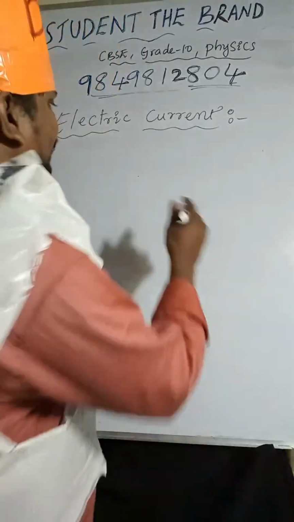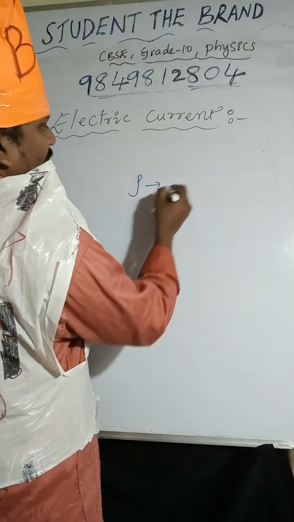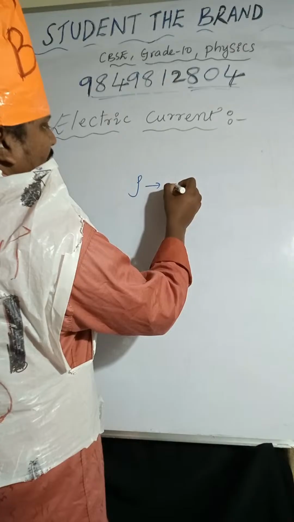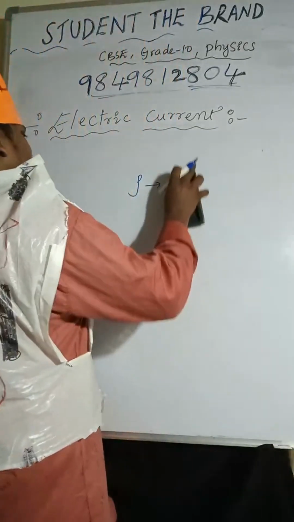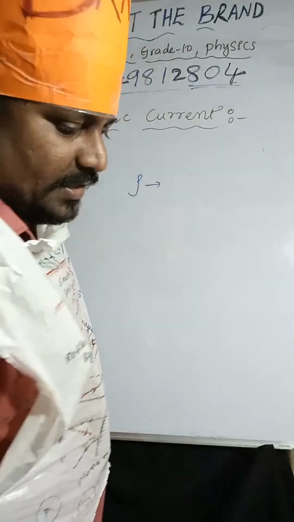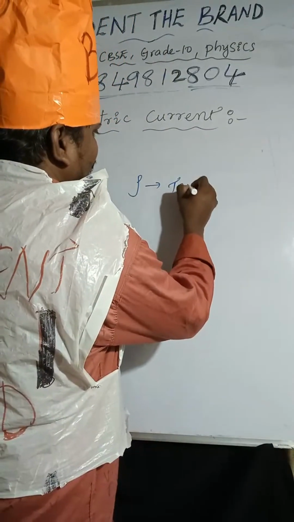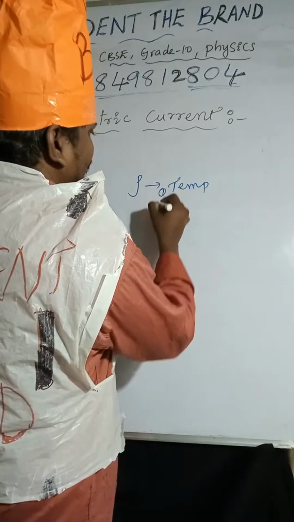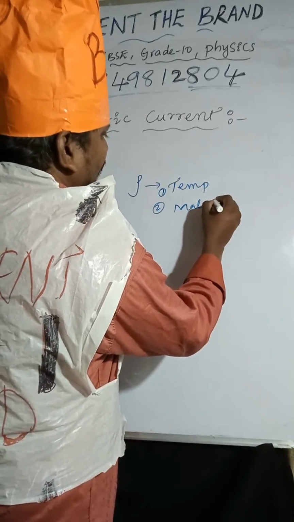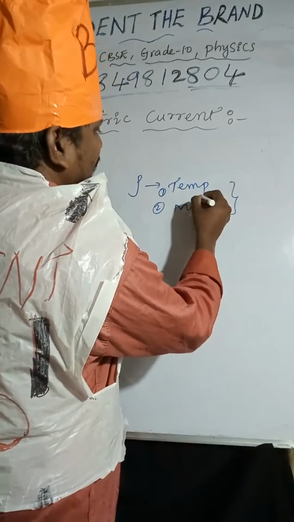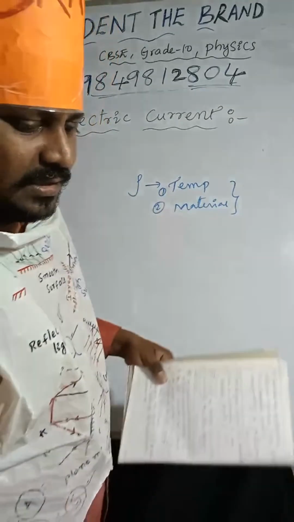So on resistivity, we can take temperature and the nature of the material. Temperature is the first one, and the second one is the nature of the material. Okay, so these are the factors, right?